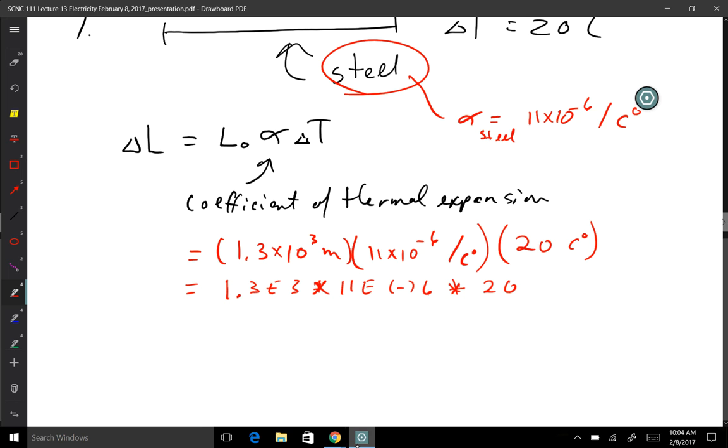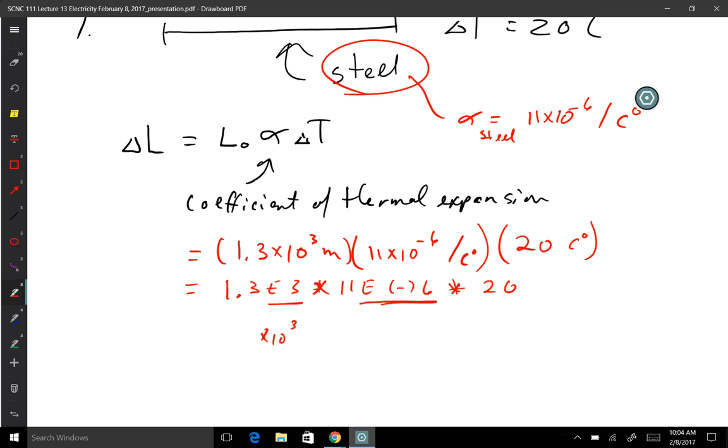You should always use this form for putting in times 10 raised to on your calculator, because then it knows that's part of the number. If you put multiplication, it means the same as times 10 raised to the third, but if you do it that way, it views it not as part of the number, but a new number you're multiplying by.